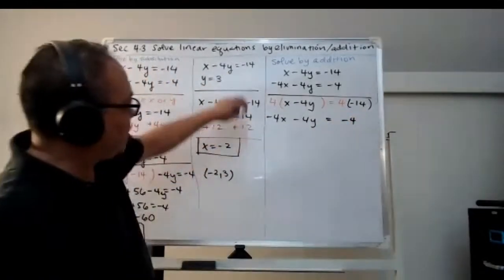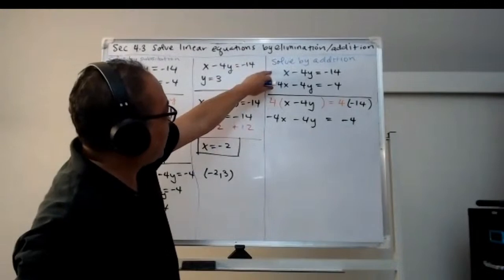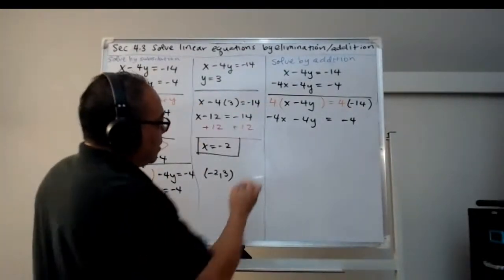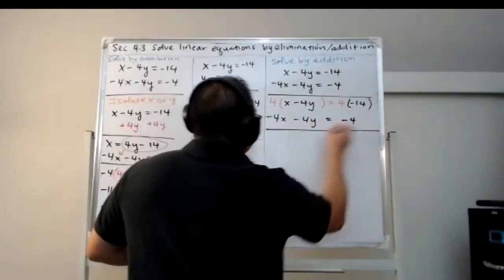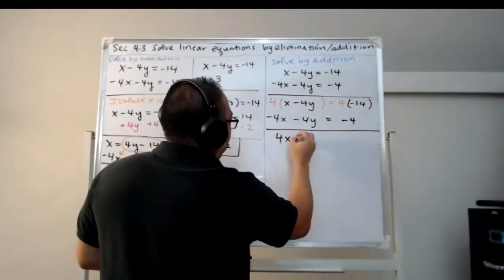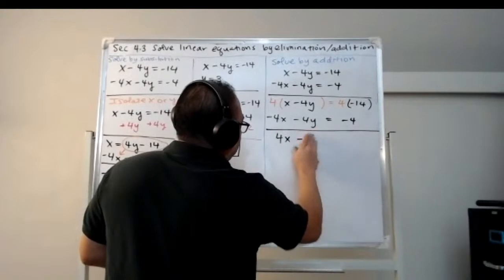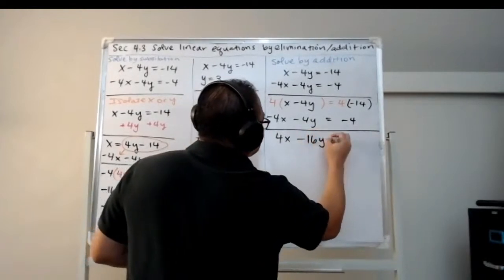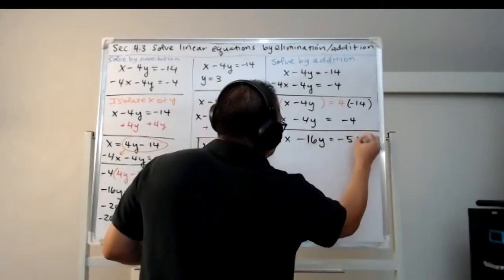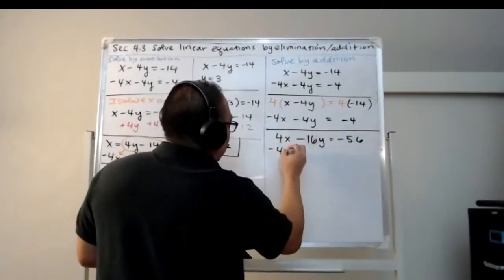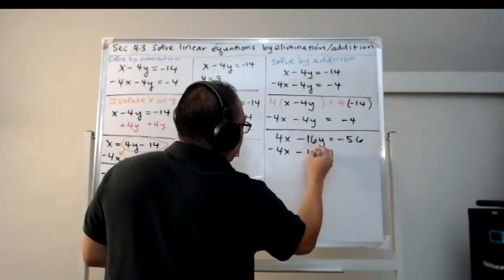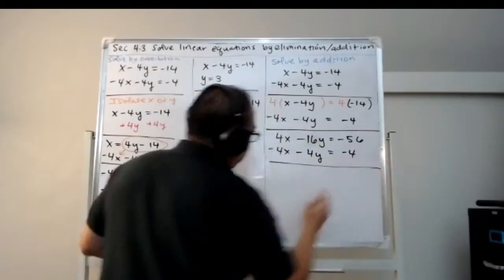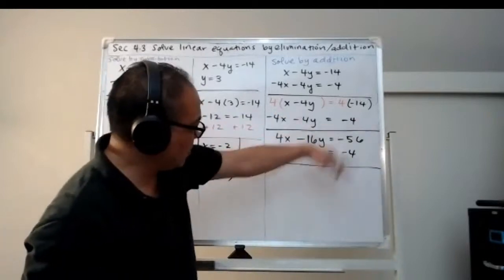Right. So the only thing I'm going to do is multiply this one by 4. Now what will happen is that I'll multiply it by 4. This is exactly the same. And then what I'm going to do is add up these columns.